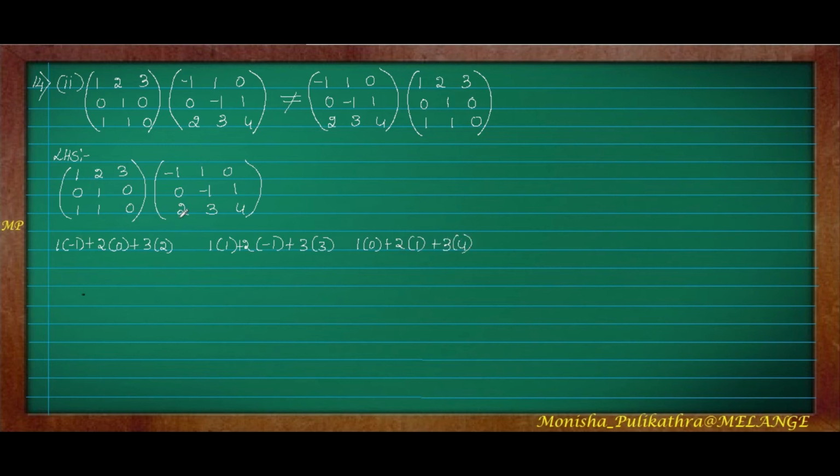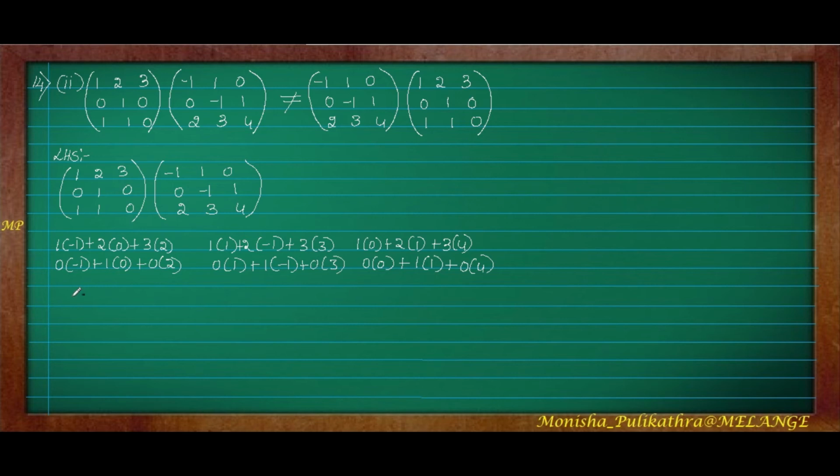So next the second row with the first column. 0 into minus 1 plus 1 into 0 plus 0 into 2. 0 into 1 plus 1 into minus 1 plus 0 into 3. The second row with the third column, that is 0 into 0 plus 1 into 1 plus 0 into 4.